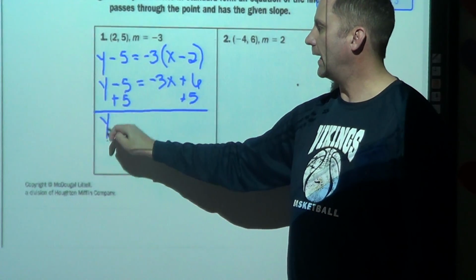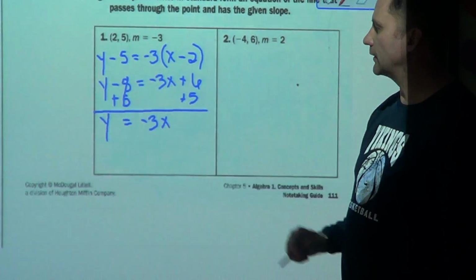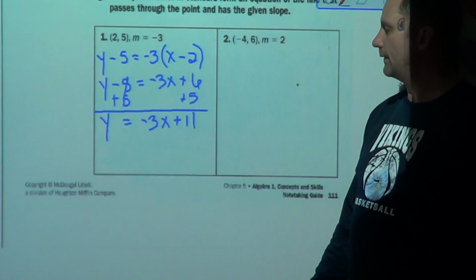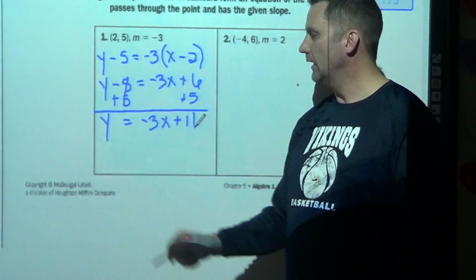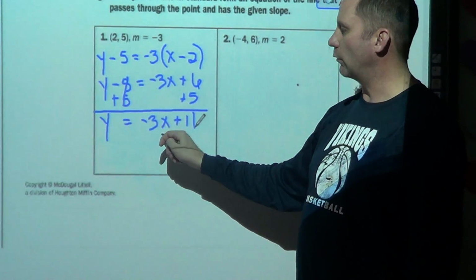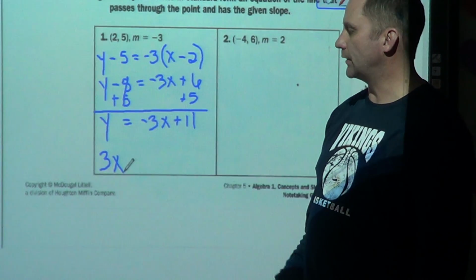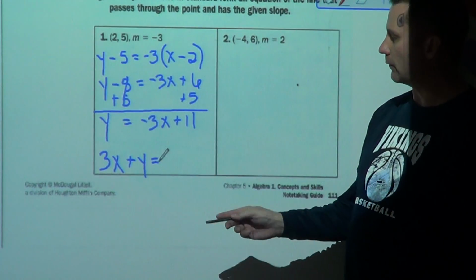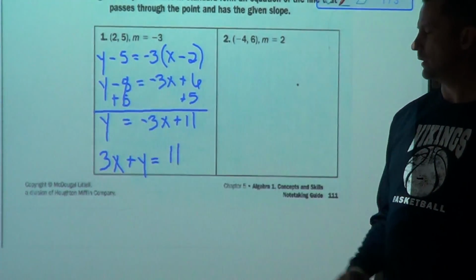The 5's cancel, leaving y equals -3x, and positive 6 and positive 5 is positive 11. The last step is to take the x term and put it on the left side. If it's negative on the right side, it will be positive on the left side. So it will be positive 3x, plus y equals, and what's left on the right side after I move the -3x is 11.